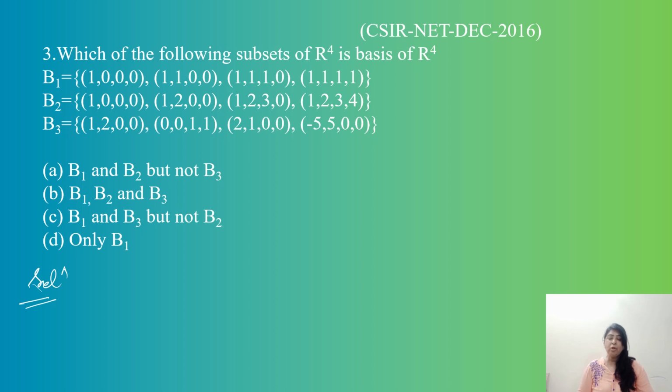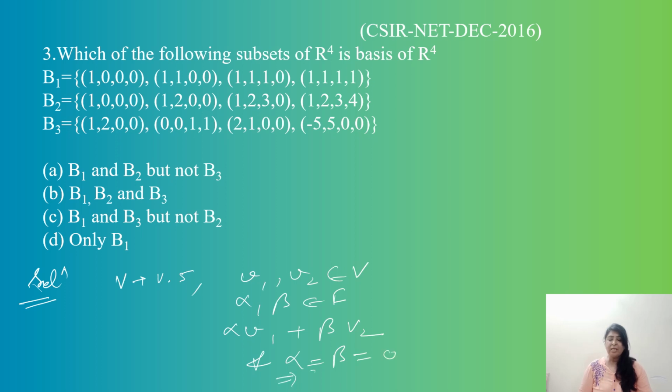What will we do? If you have the vector space, say V, and say V1 and V2 belong to V, and alpha and beta are two scalars which belong to F, and if we are able to write the linear combination and alpha and beta come out to be 0, then we say that this set of vectors V1 and V2 is linearly independent.